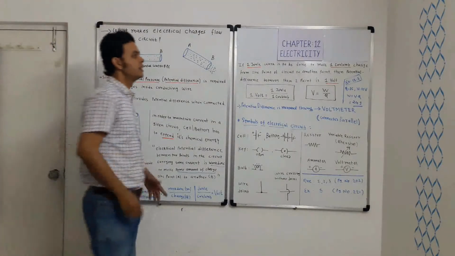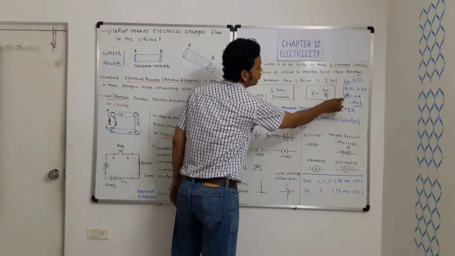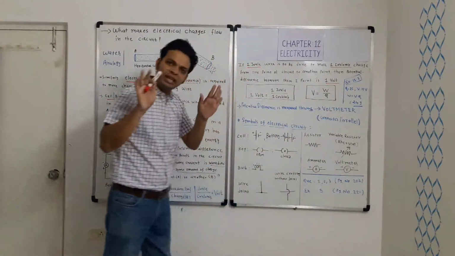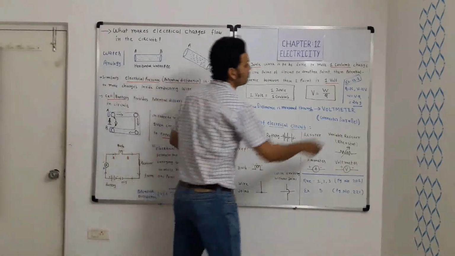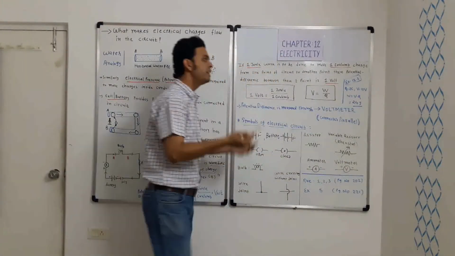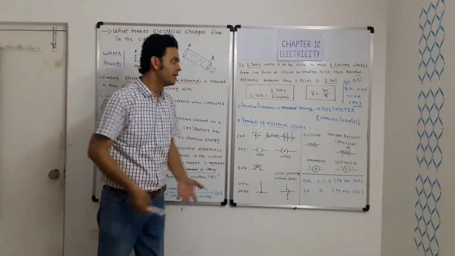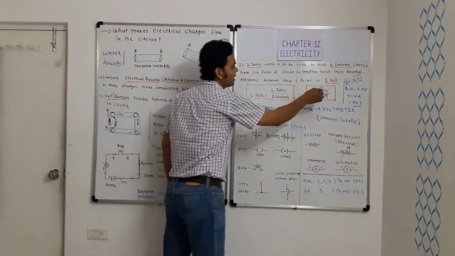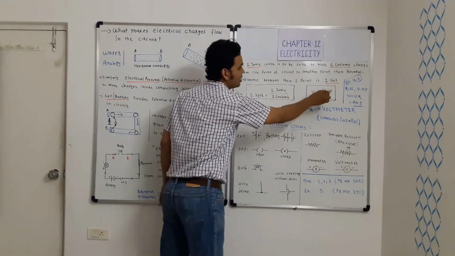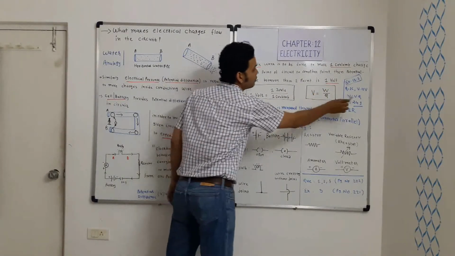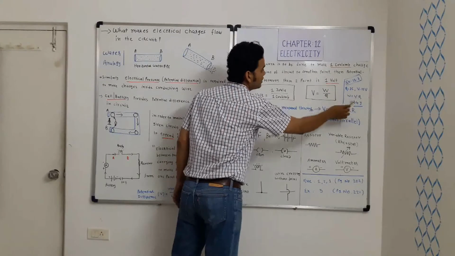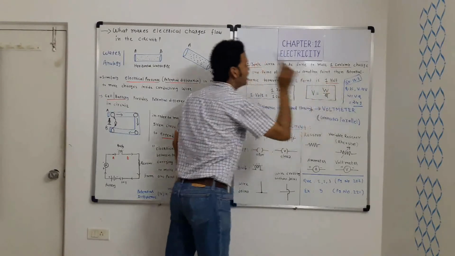Here the charge given is 2 coulomb and the potential difference between these 2 points is 12 volt, and we need to find how much work is to be done. So we can make W the subject of this equation. W is equal to V into Q. Q is given, V is given, 12 into 2 is 24 joule.